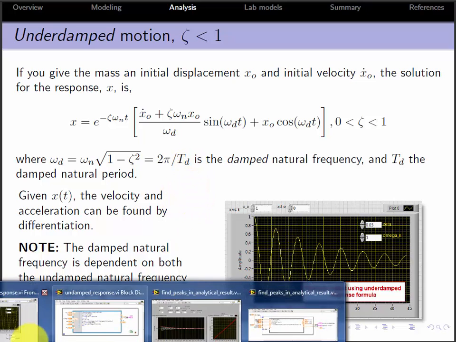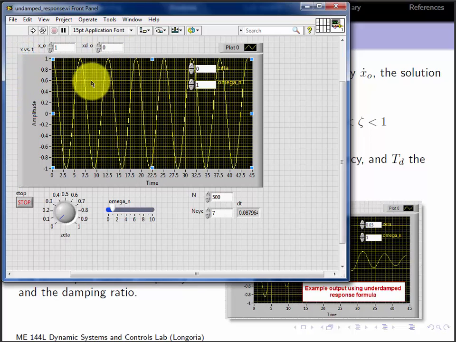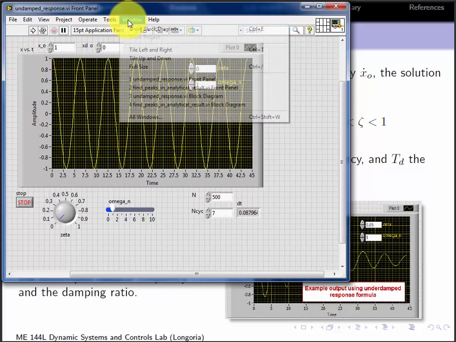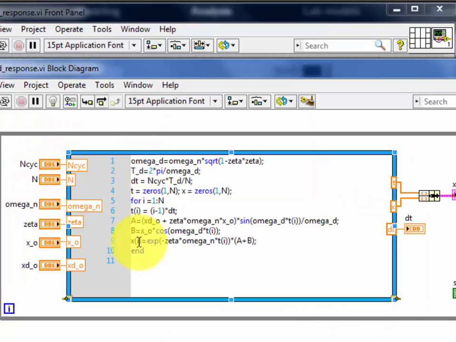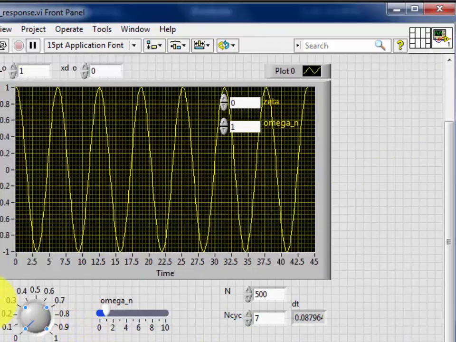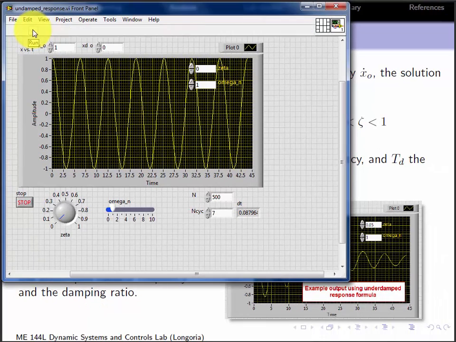I can show you a real simple little VI I put together in LabVIEW. All I did was put that solution into a MathScript node, and I put in how many cycles I want to look at, the natural frequency, zeta, and initial conditions, and in a little MathScript just calculate x and plot x over t. It's really just for purposes of illustration.